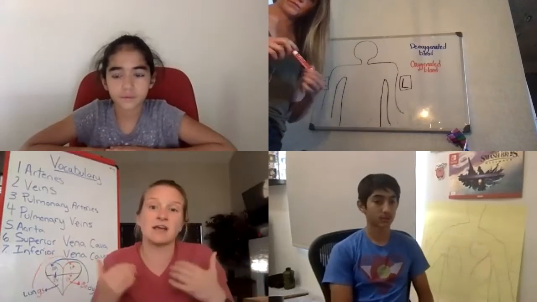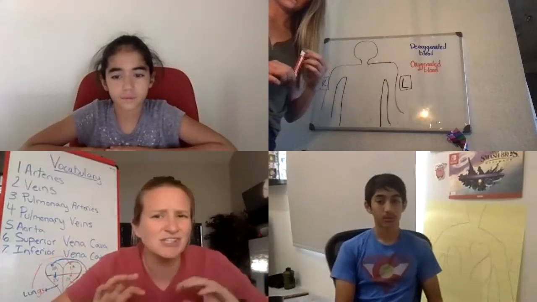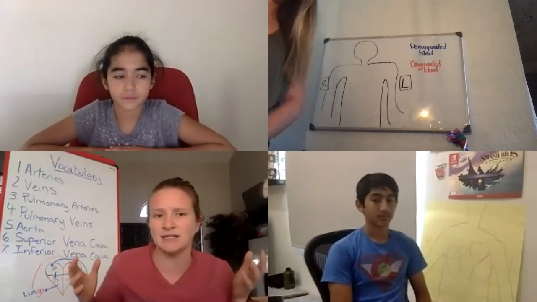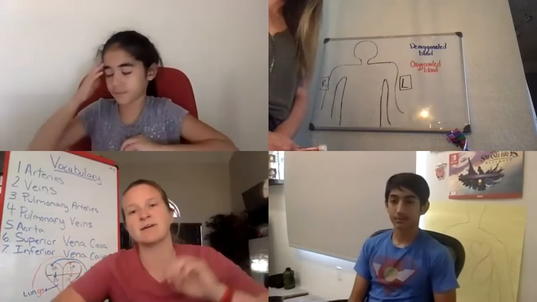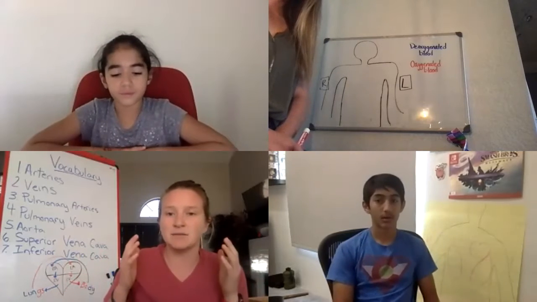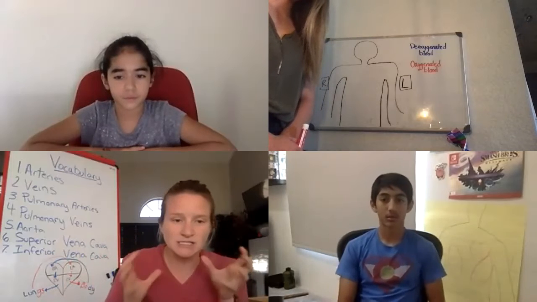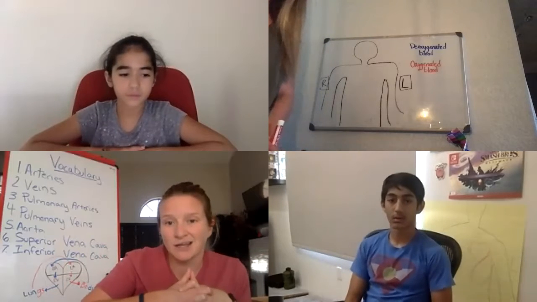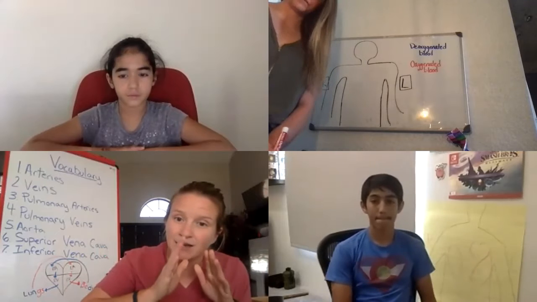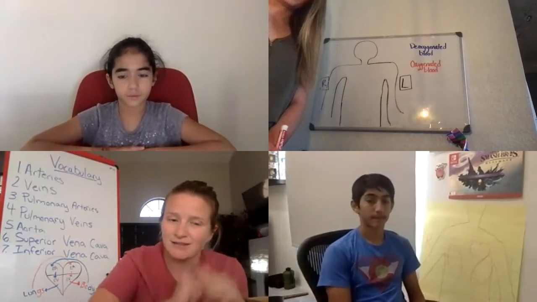And our lungs sit right beside our heart, so that blood doesn't really have that far to go in the body in order to get to where it needs to be. Because the left ventricle has to pump the blood to the entire body, it's going to be a lot larger due to its musculature, and it's going to look a little bigger. And because that's on the left side, the heart is shifted a little bit to the left.